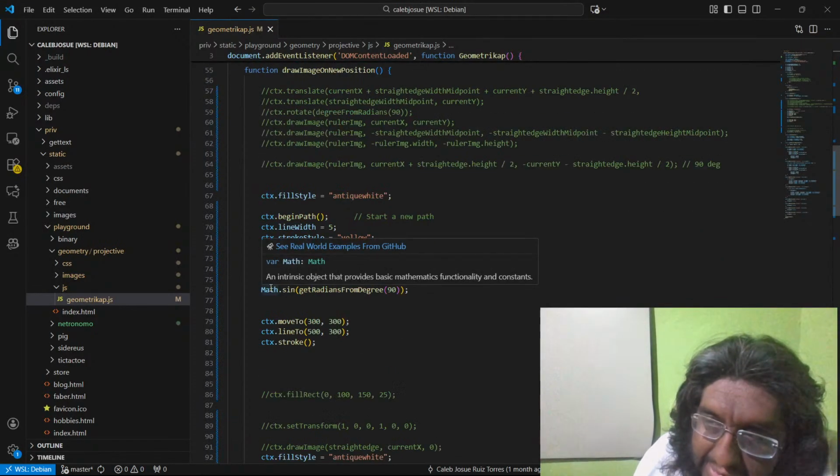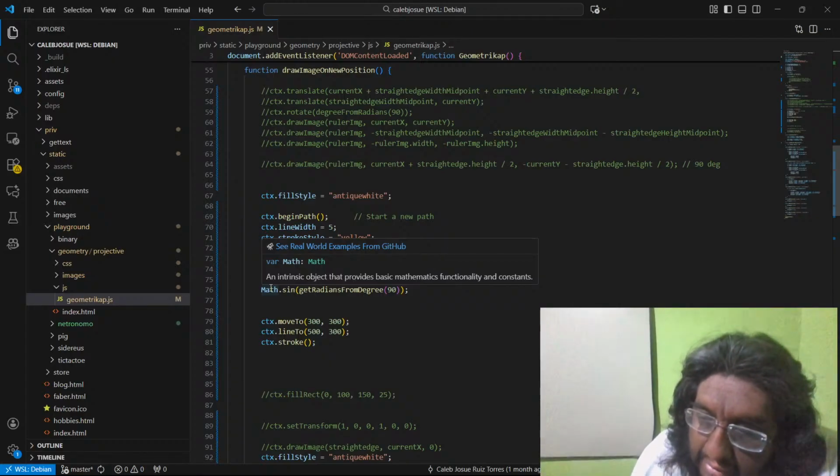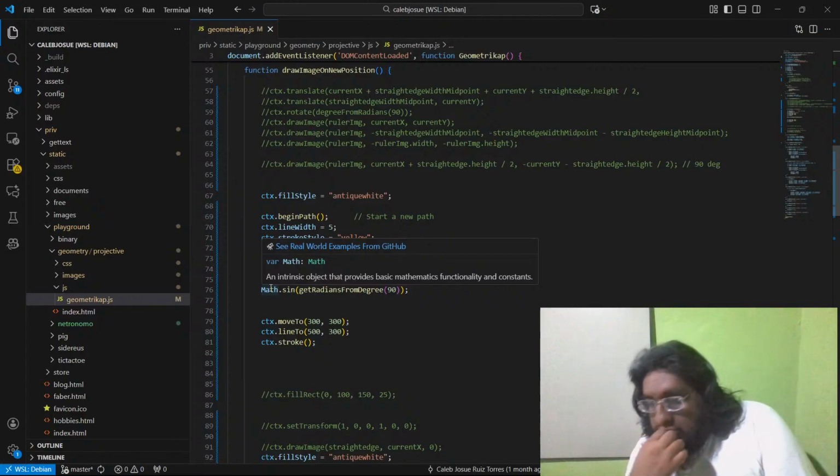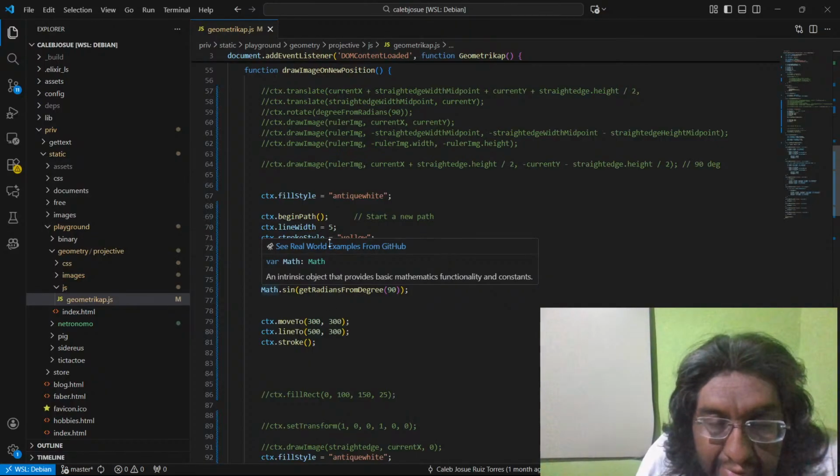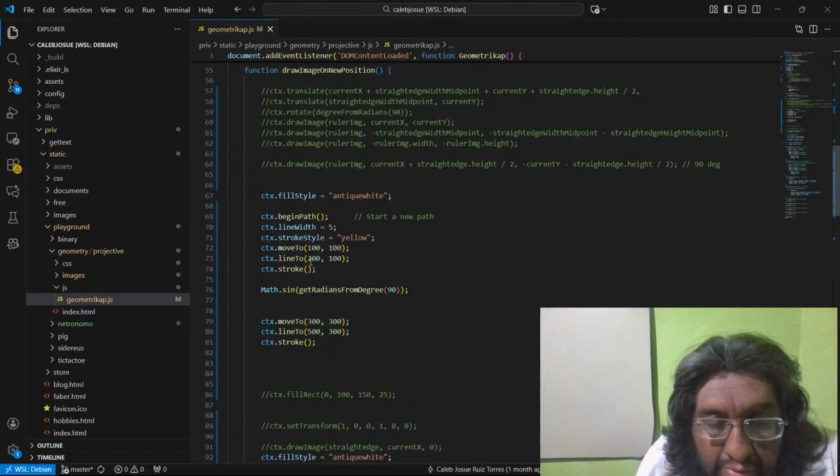Okay, we have the sine. The radius is 100.